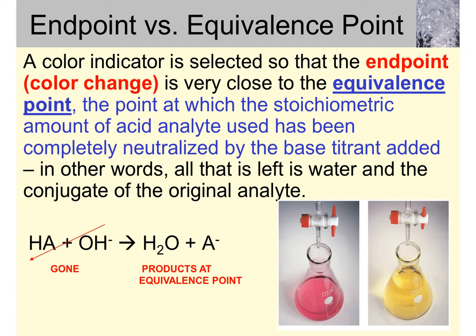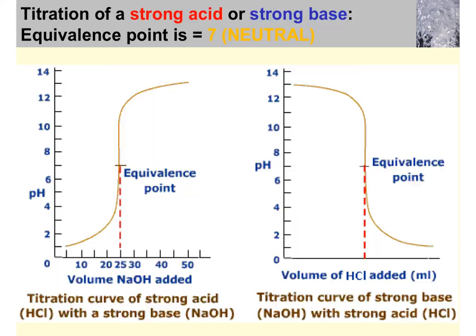At other times, you can use a pH meter and just look for it to reach a neutral or whatever pH you expect to be at the end of the titration.